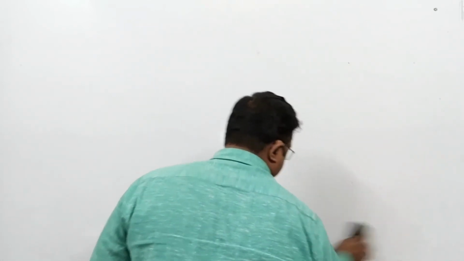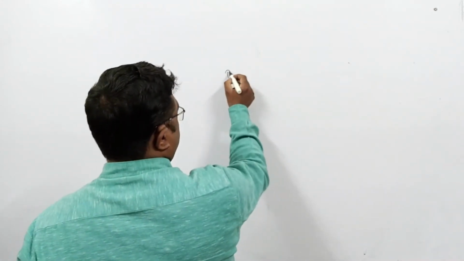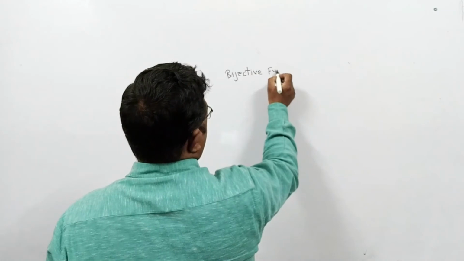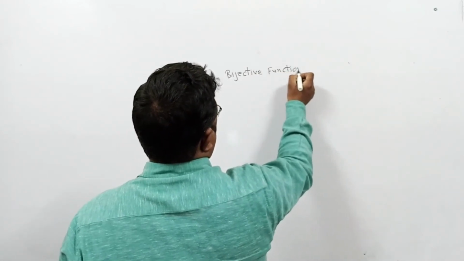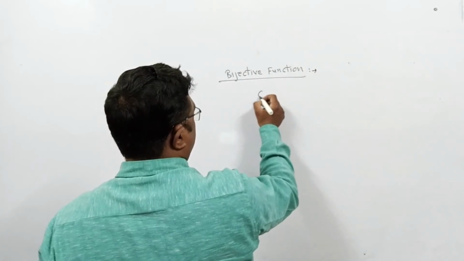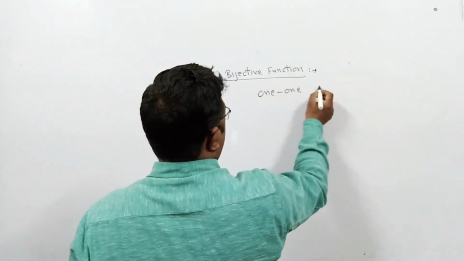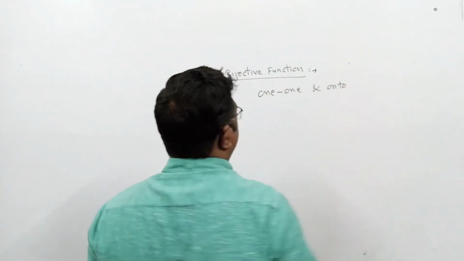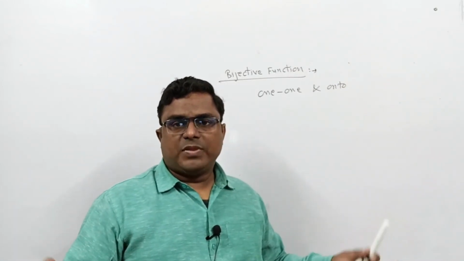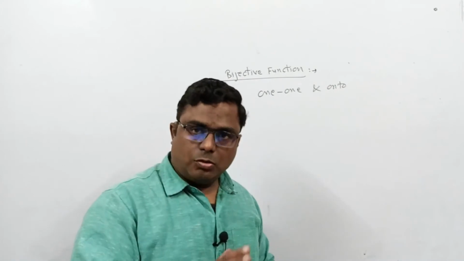Next is the bijective function. If a function is both one-one and onto, then we call it a bijective function. So simply, a bijective function is one which is both one-one and onto.